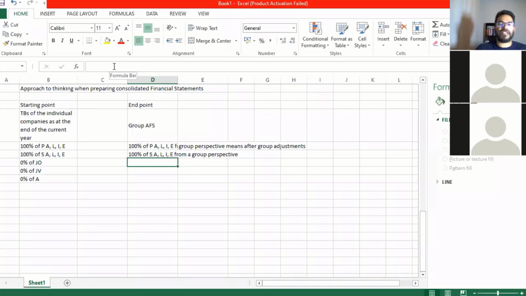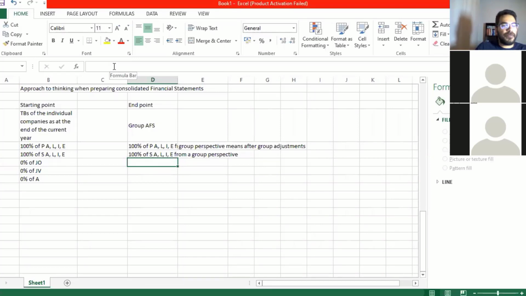Same for the parent. The group wants 100% of the parent's assets, liabilities, income, and expenditure. That is why it makes sense to start off with 100% of the parent's assets, liabilities, income, and expenditure. And we simply make adjustments for any differences between what the group wants and what the separate trial balances have. And the differences are basically your group adjustments. I'll come now to group adjustments.